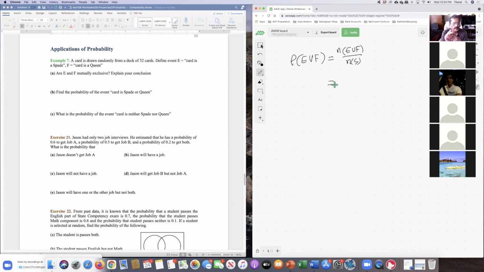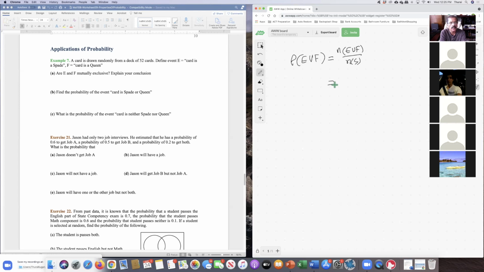Event E has all the spades, so that'll be 13. There are 13 cards in E. F has queens, so that's 4. There is one queen from each kind. One of those queens is already in E, which is the queen of spade. So therefore, there are 3 other ones that are not in E.